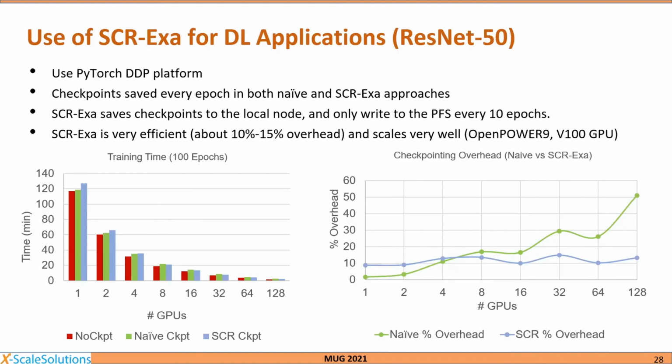It's maintained at about 10 to 15%. This actually stretches out, and we'll see the next application scaled in GPU count. So this convinces us that this library is very scalable. Currently we're doing this test on OpenPOWER using NVIDIA GPUs.